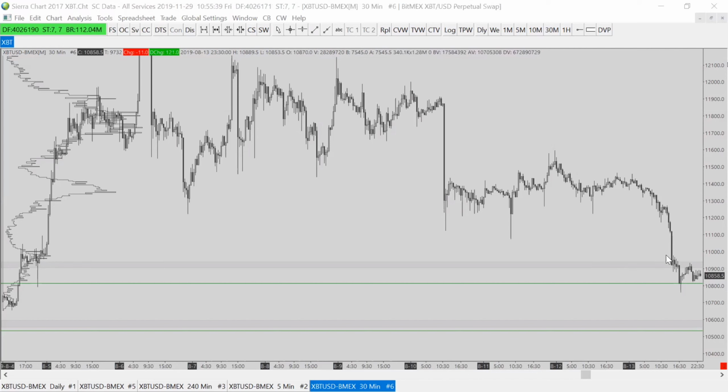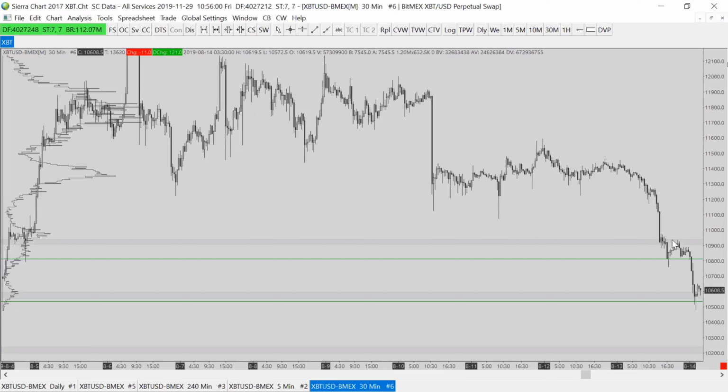So the low volume nodes are one of the areas where I'm looking for FTRs, okay, pockets of liquidity when price is trending like this. Okay, so price comes down here to the high volume node, consumes the liquidity there, and then it comes back up and rejects off this pocket of liquidity, which is sitting on that low volume node there. So it flips it.